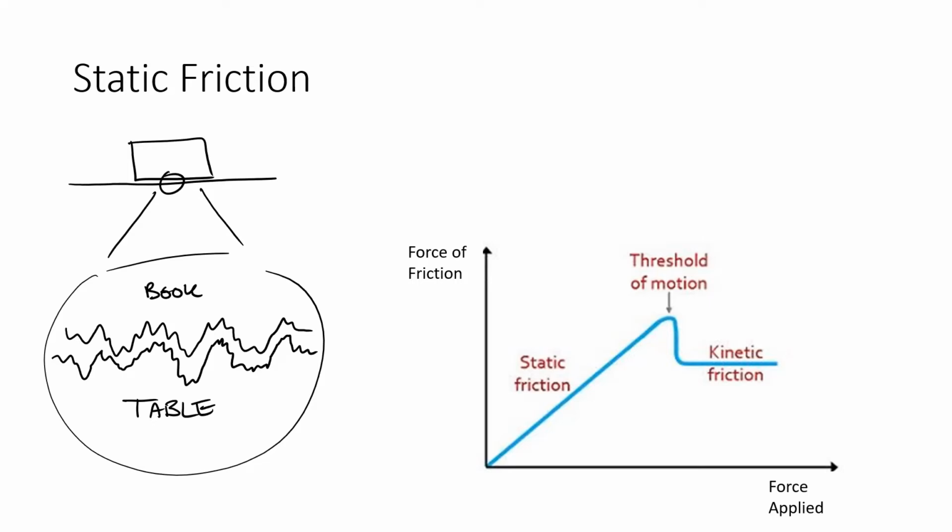So we have 0 less than or equal to the force of static friction, less than or equal to mu times the normal force. I'm going to define this for you.